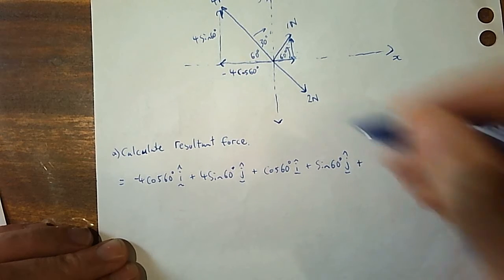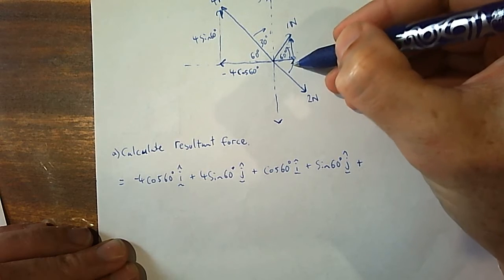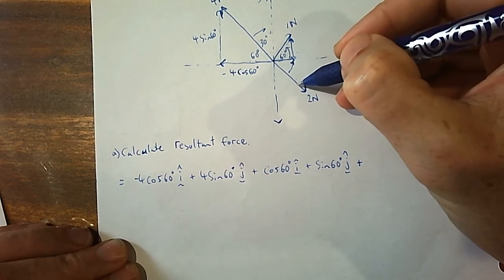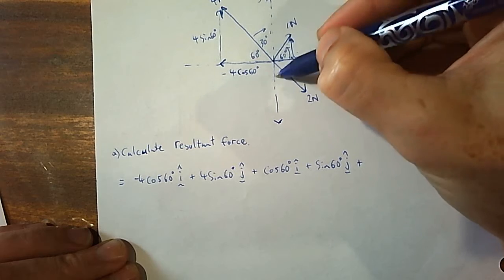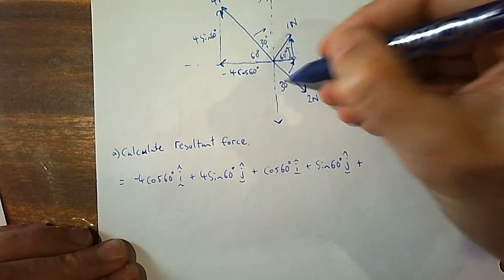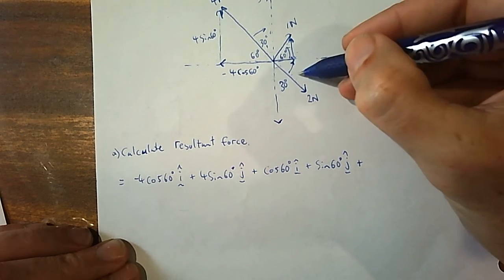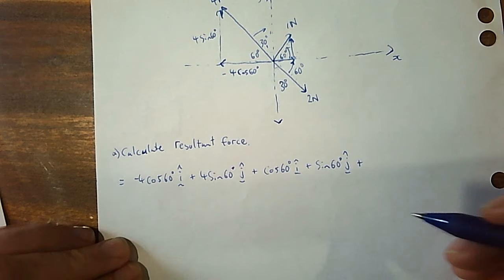Then my last force, this 2 newtons going this way. Well, I really need to work out the angle between the nearest x-axis and that force there. Now I know this one here is 30 degrees, so vertically opposite angle is 30 degrees there. And because that's 30 degrees and this is 90 degrees, that must be equal to 60 degrees there.